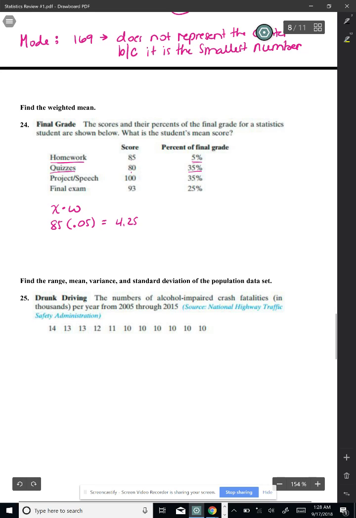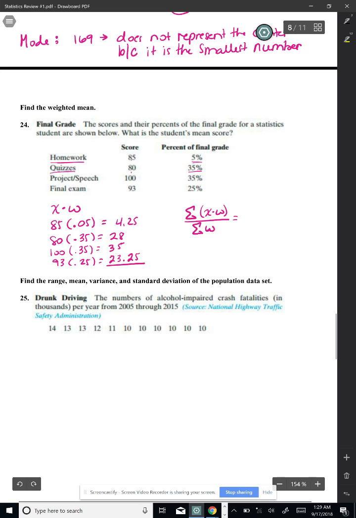And then 80 would be multiplied by 0.35. 100 by 0.35. And then 93 by 0.25. And the way you find the weighted mean is you do the sum of X times W, and you divide it by the sum of the weights.